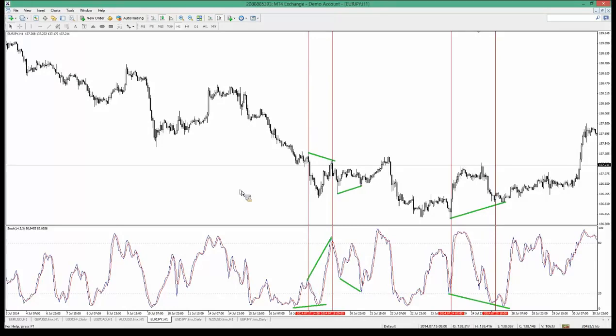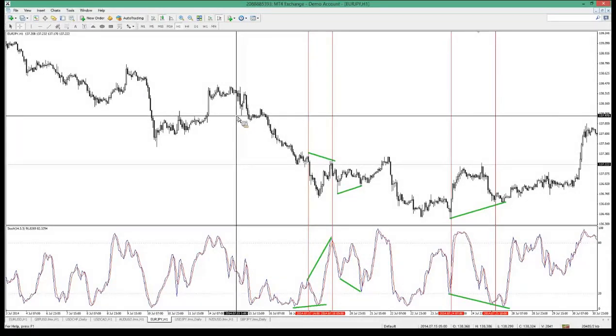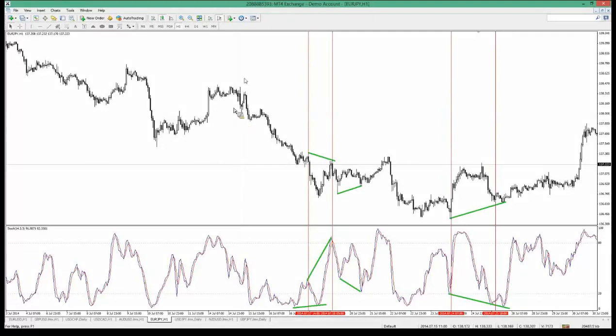Yeah, so we're playing the divergence in alignment with the trend. And what you'll see in the method that we're testing in the room, which we'll do after this session, is that it works very, very well as added confirmation.